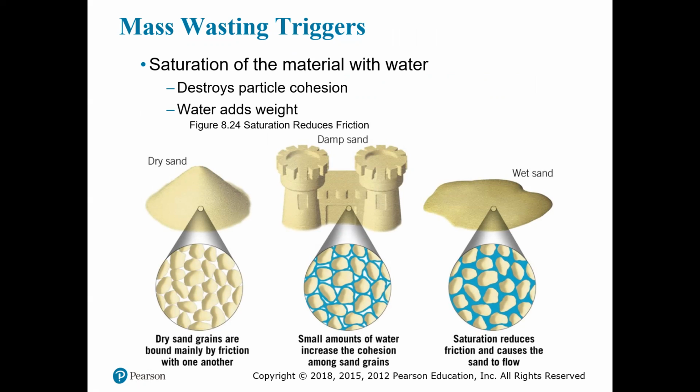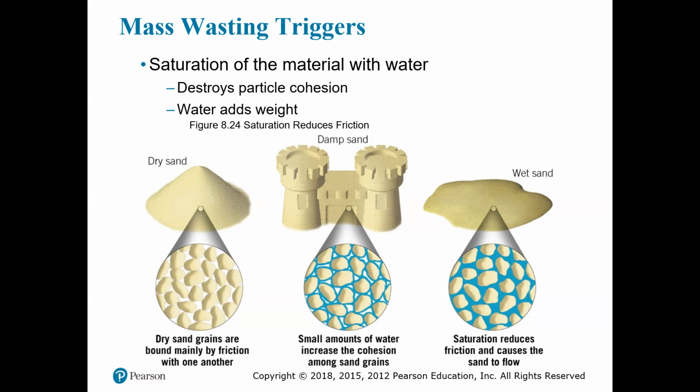There are processes at work that reduce the slope stability, making it over time more susceptible to the pull of gravity. Finally, we get to the point where we go from stable to unstable, and then we trigger it. We're going to look at the role of water, oversteepened slopes, removal of vegetation, and earthquakes as 4 different triggers that are possible to cause these mass wasting events.